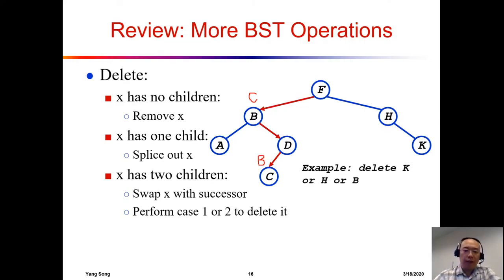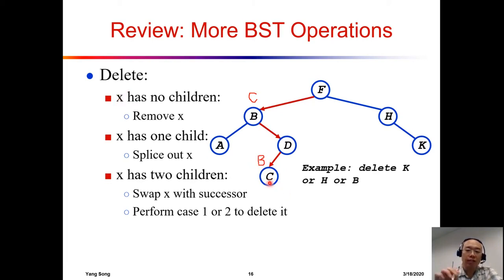And then the node we are trying to delete, which is B, is now moved to the new location here. We also want to delete this node from the new location. So B is now here, and if we want to delete B, we come back to case number 1: the current node B, which is here, has no children.